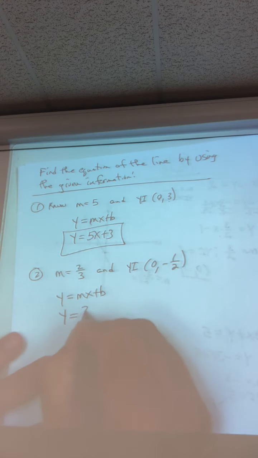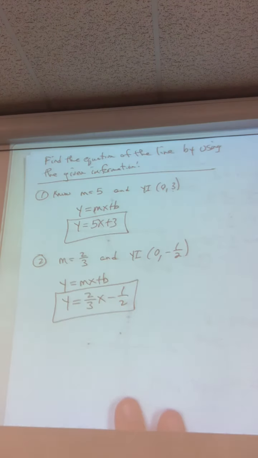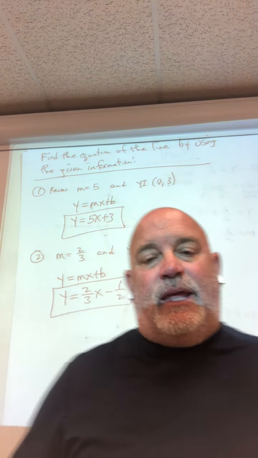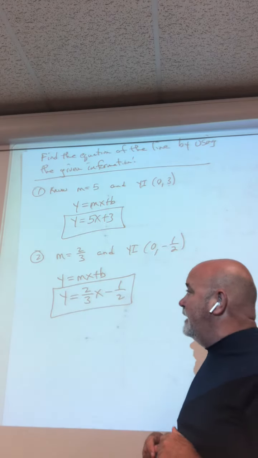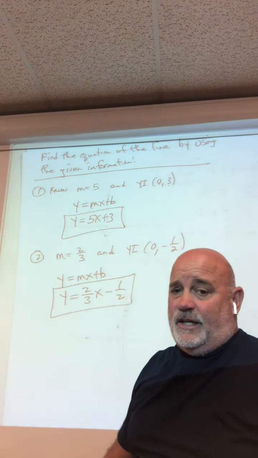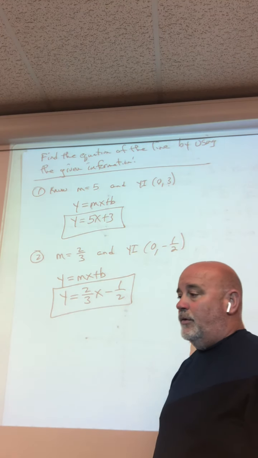So this would be y equals 2/3 x minus 1/2. So, can we get the equation of a line if we know the slope and y-intercept? Gracious, yes. You go straight to that answer. You don't have to do any work.